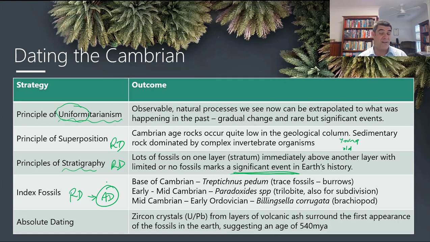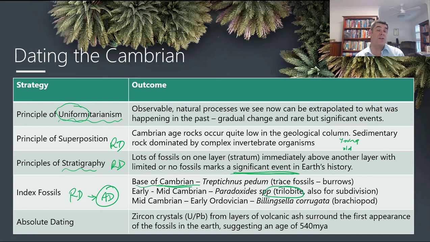Most of what we know comes from trace fossils, not from the actual organism itself, but they seem to mark the base of the Cambrian. So once we see these little burrows, we know that we've moved from the Proterozoic into the beginning of the Paleozoic, the start of the Cambrian.